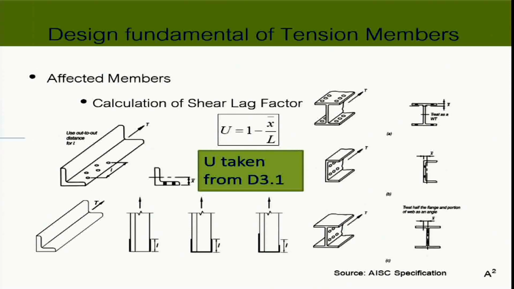So you leave the flanges out. So that means we don't connect the flanges, so shear lag occurs, right? So if you can find a way to connect through the web and the two flanges, shear lag will not occur. But shear lag is not the end of the world. We can handle it.